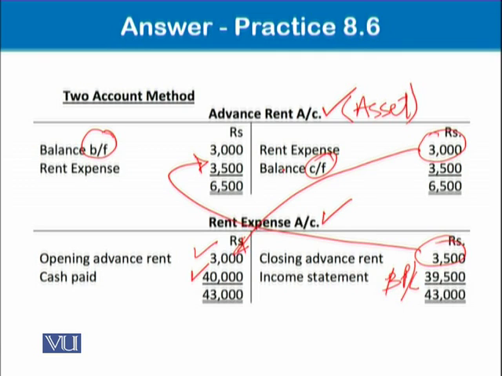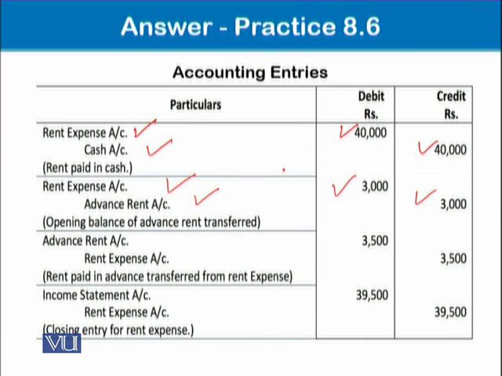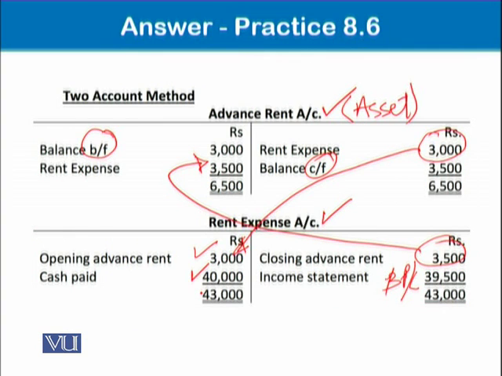For this, we will pass a closing entry. As you can see, advance rent is debited and rent expense is credited for the closing rent paid in advance balance, and the income statement is debited for the rent expense that we have to close in the income statement. Let me write clearly, this is the balancing figure, and we are taking it into profit or loss.